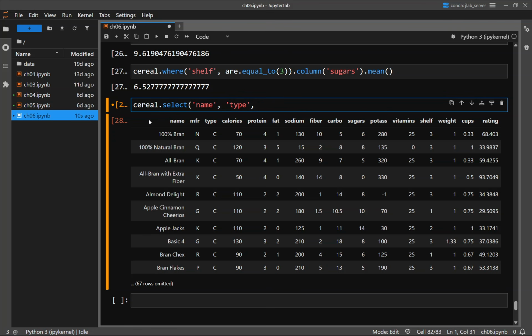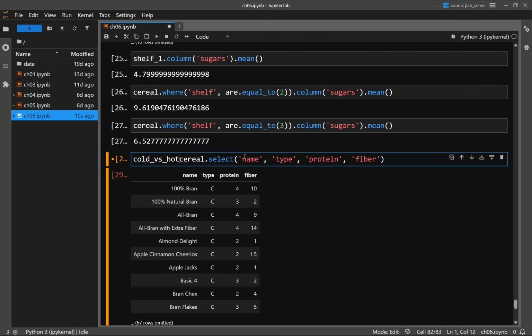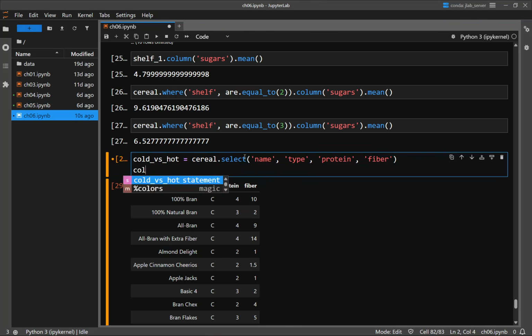You could also define it in terms of what it doesn't have, like making sure it has low sugar. But let's do protein and fiber. This is a simpler version of a table that we could then do math on. And so let's call this cold versus hot. And that's the data I want to look at.